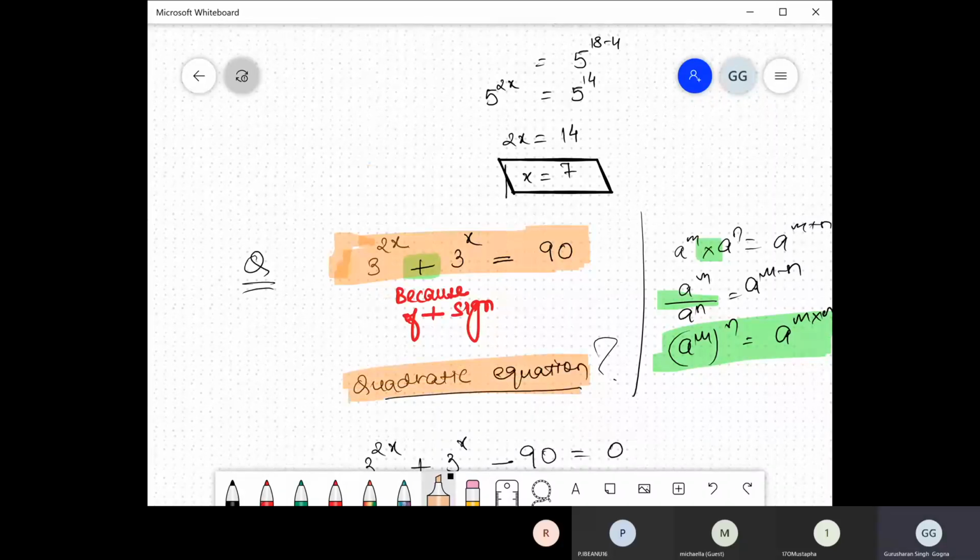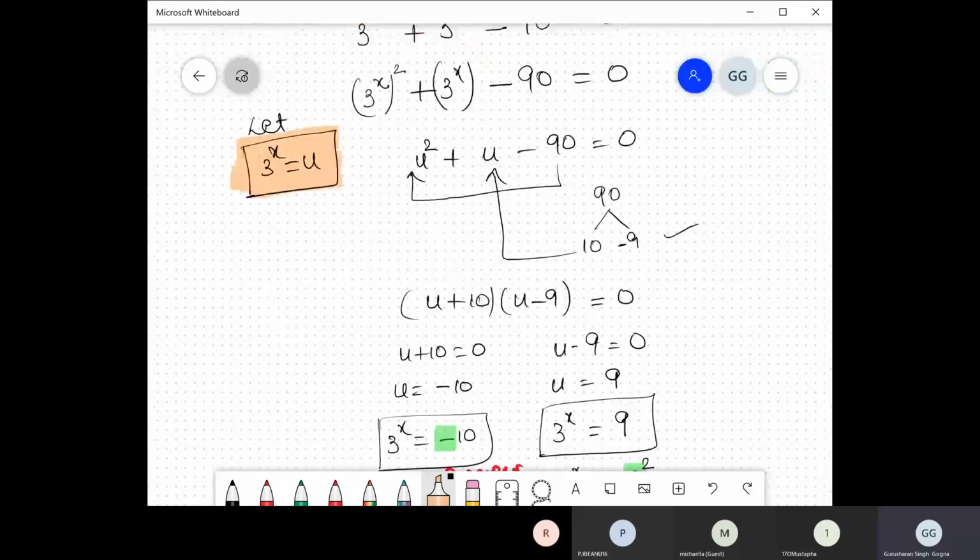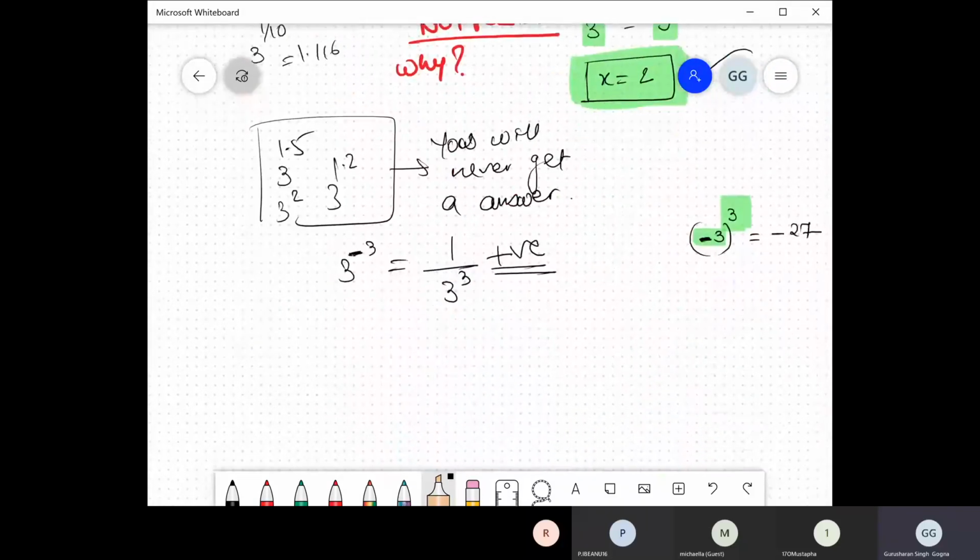So how do you solve this quadratic equation? For simplicity, you can assume 3 to the power x as u, and then you will see a clear quadratic expression, and you know how to solve a quadratic. Then you can work out the answer. So this is how you need to do it.